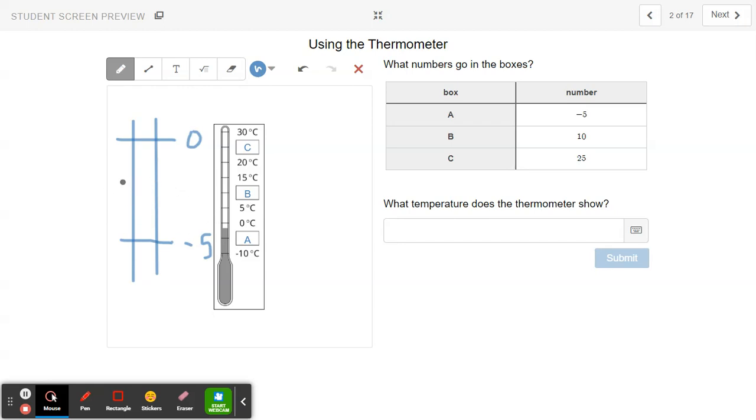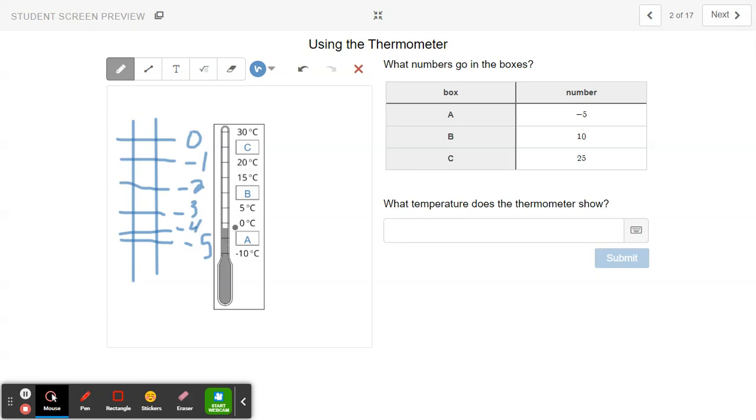I'm going to break this up the best I can, which is not always great. We'll pretend like those are all the same distance. These are the temperatures between 0 degrees and negative 5 degrees. So it's kind of like a backwards number line. It goes 0, negative 1, negative 2, negative 3, negative 4, negative 5. It's going down, counting down.